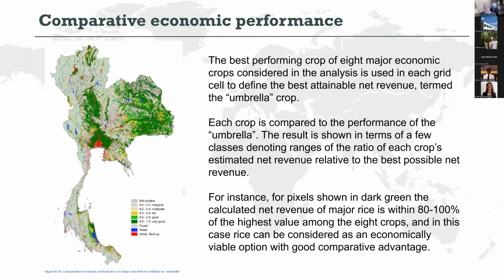And so we get a visual representation of where each crop has a high comparative advantage compared to the other, in this case 7, crops that have been assessed. So where this is shown in dark green, rice is considered a very competitive crop in the cultivation options that farmers have in those areas.